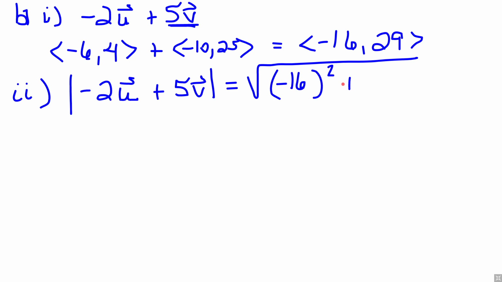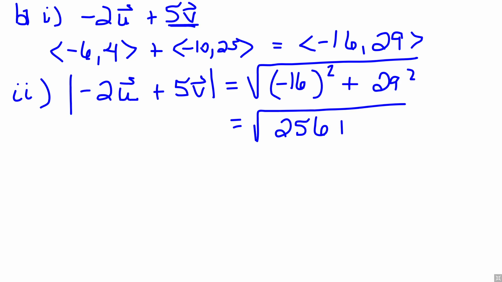Don't forget to square it. Plus, the second one's going to be what? 29 squared. Okay, so we're going to do these fun calculations. 16 squared is going to give us 256. 29 squared is 841. So we're going to end up with the square root of, if I did my math correctly, 1097.